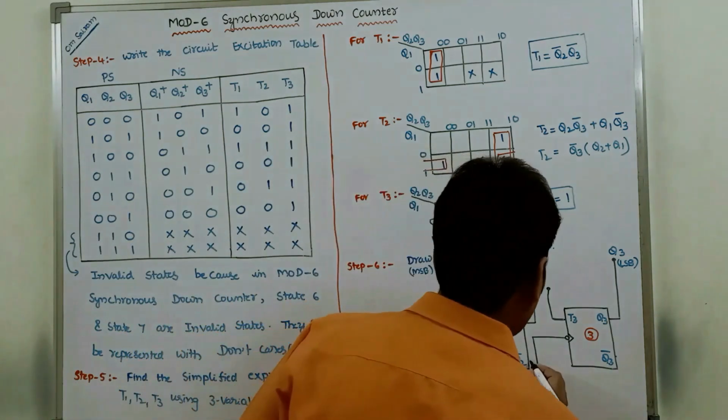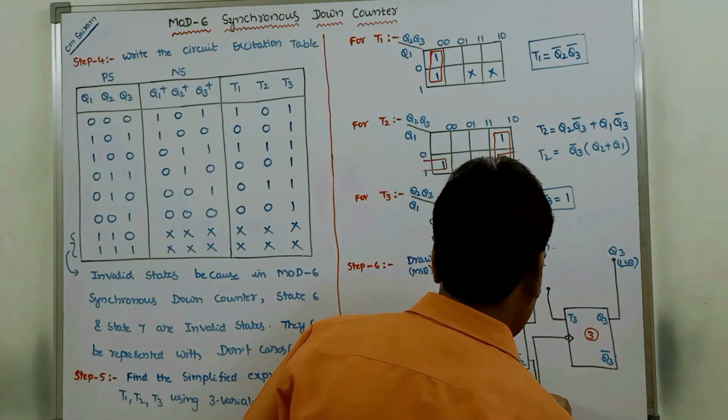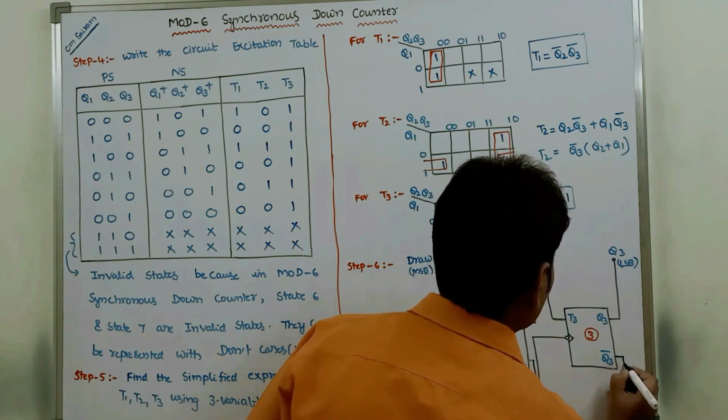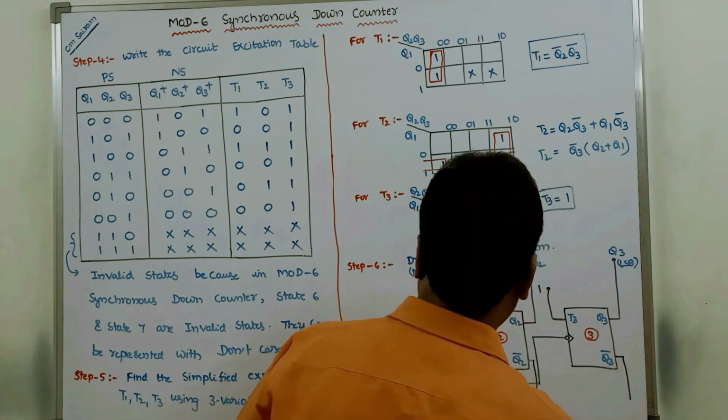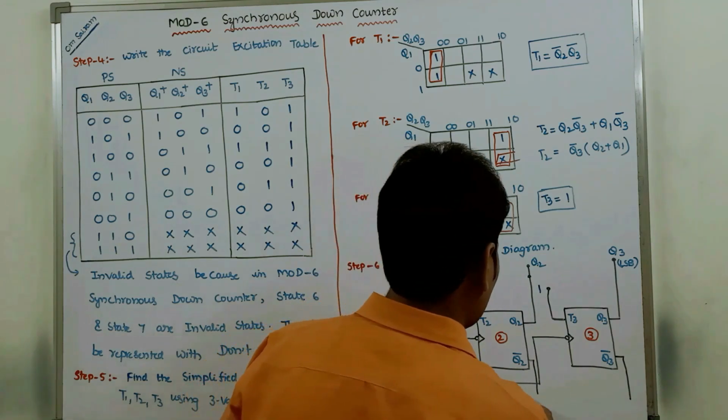Here this is Q2 bar and this is Q3 bar. It can be passed to a 2 input AND gate.